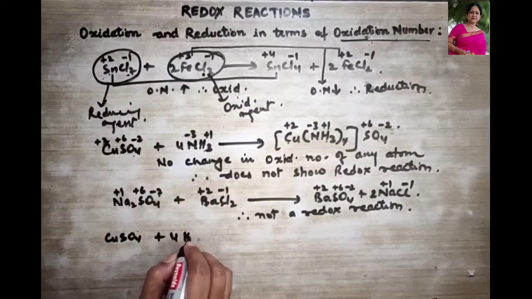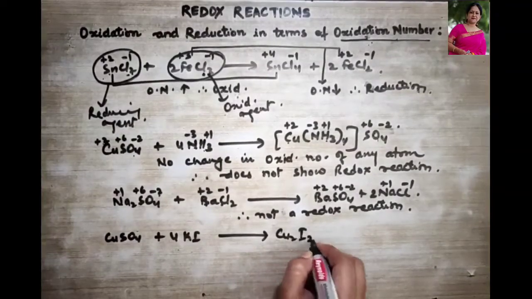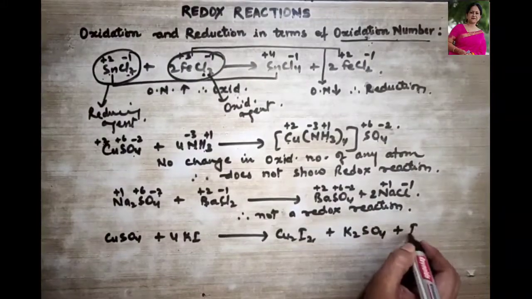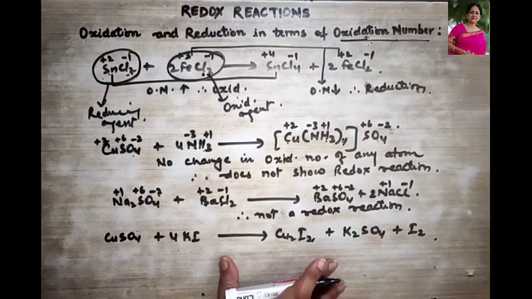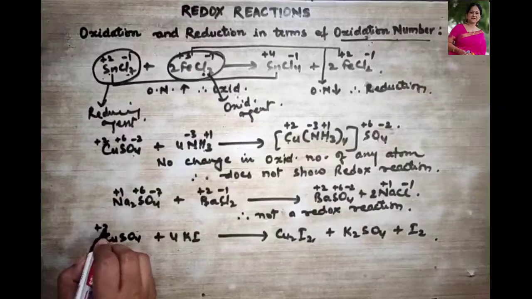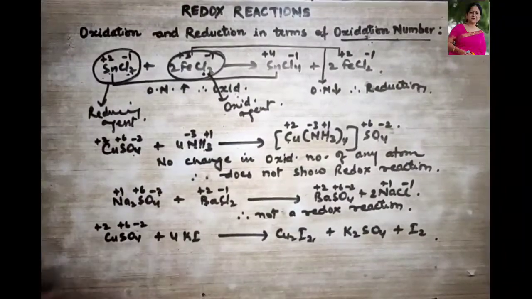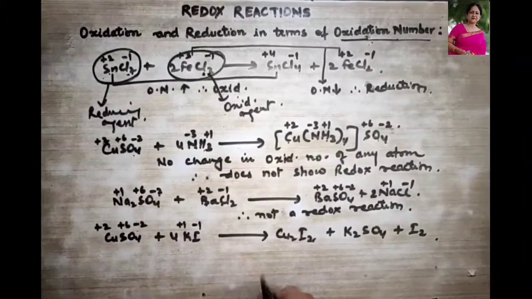CuSO4 plus 4KI gives Cu2I2 plus K2SO4 plus I2. Now let's see this reaction. Does it exhibit redox reaction or not? So copper is +2, sulfur +6, oxygen -2, potassium +1, iodine -1.